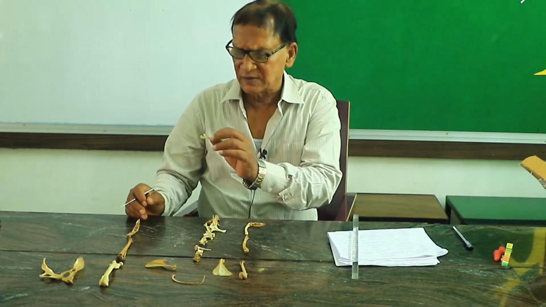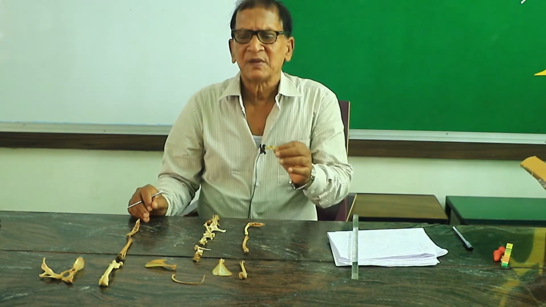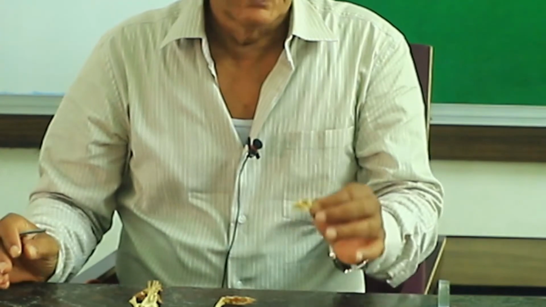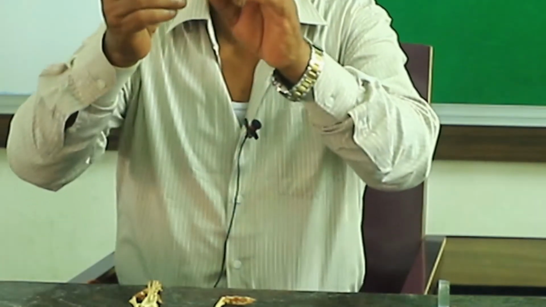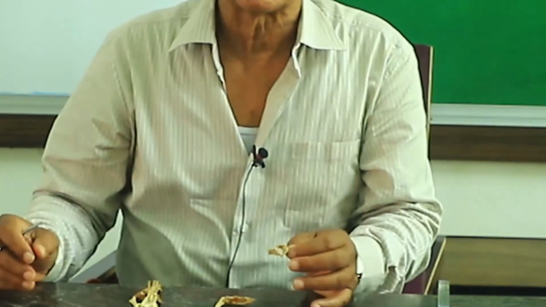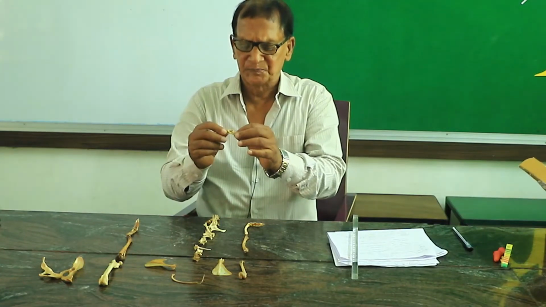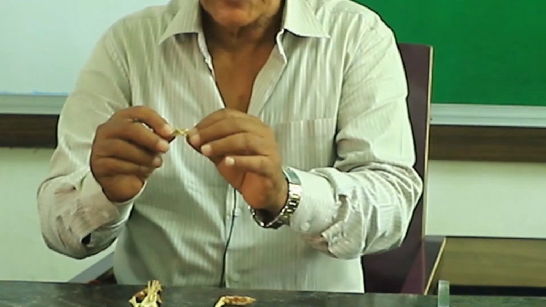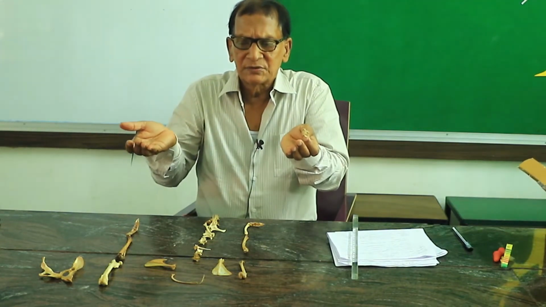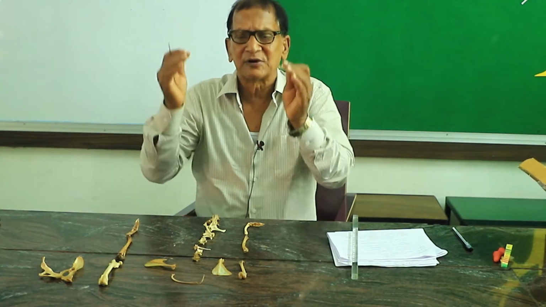Now, the first cervical is called the atlas vertebra because it has the responsibility of carrying the skull. So this is the atlas vertebra, so named because it has the responsibility of supporting the skull. Now, the atlas vertebra anteriorly has 2 surfaces for the 2 occipital condyles of the skull.